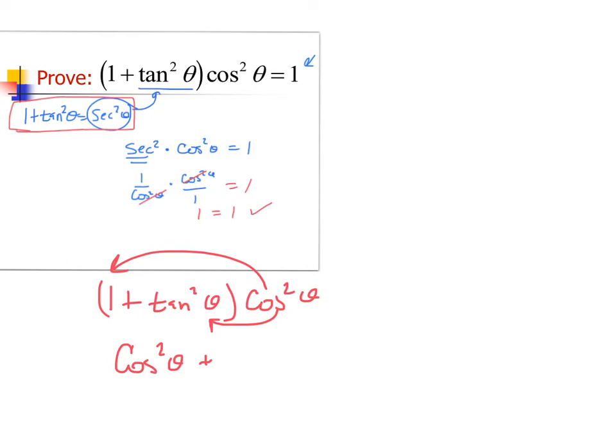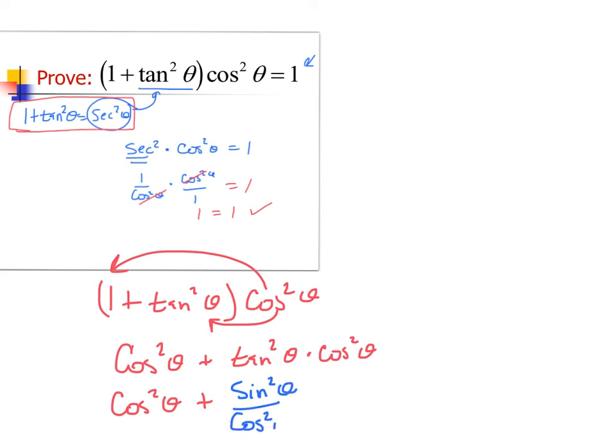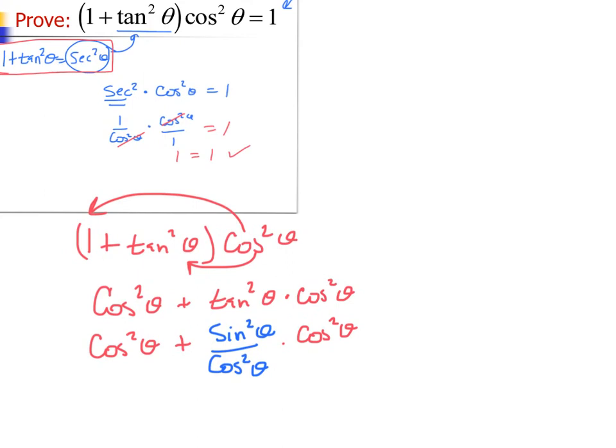So I'd get cosine squared plus tangent squared theta times cosine squared theta. Okay? So now I'm going to replace tangent with its identity, which is sine squared over cosine squared. Not bad, right? Okay, not too bad.